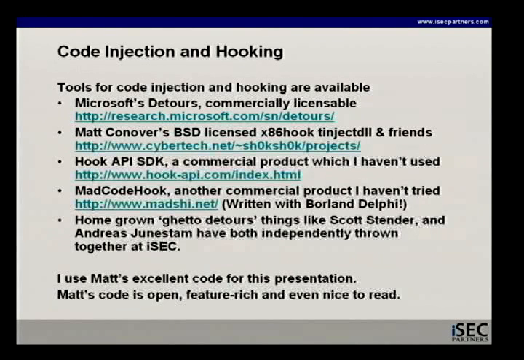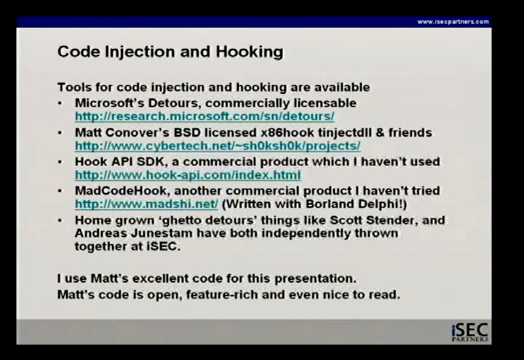There's the API Hook SDK, which is a commercial product that's available for a small charge. I haven't actually used it. And there's Mad Code Hook, which I think is kind of cute because it's written in Borland Delphi and lets you hook stuff, and I programmed in that in the 90s, so that was fun. Then there's the other option, which is to do your own homegrown ghetto Detours implementation.